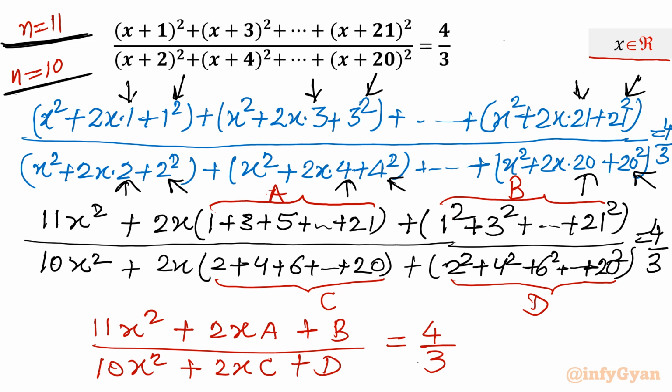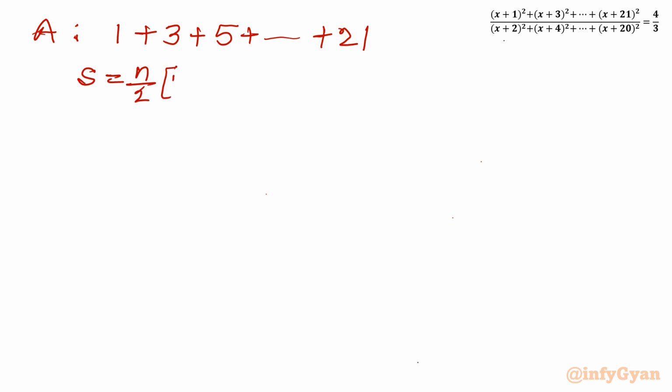Let's find out quickly. A is 1 + 3 + 5 up to 21. So this is one AP, arithmetic progression. I will use the sum formula: n/2 (2a + (n−1)d), where n is the total number of terms, d the common difference, a the first term.